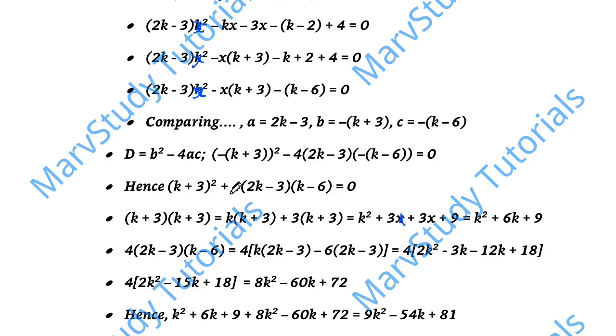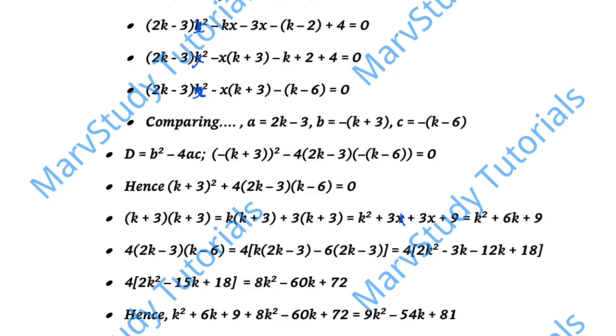Then remember we added (k + 3)² and 4(2k − 3)(k − 6). So we're going to add them. k² plus 8k² is going to give us 9k². 6k − 60k is −54k. And 9 plus 72 is positive 81.